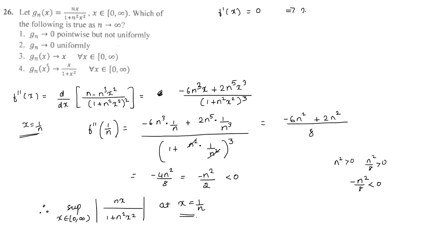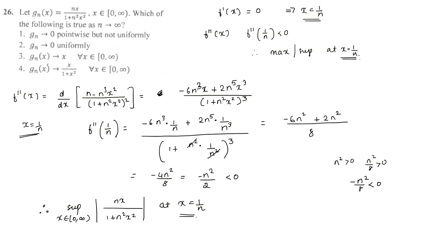Then we got x equal to 1 by n. Now to find whether we are having maximum at this point or not, we evaluated f double dash of x and we found f double dash of 1 by n is less than 0, and therefore we will be having maximum, or we can say supremum, at x equal to 1 by n.